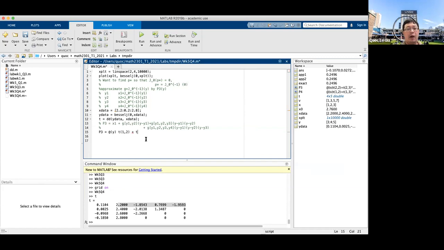And then we have T1,3 multiply with y minus y data 1, and then plus T1,4 times y minus y data 1, y minus y data 2.